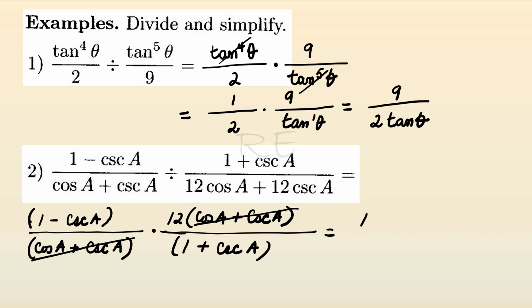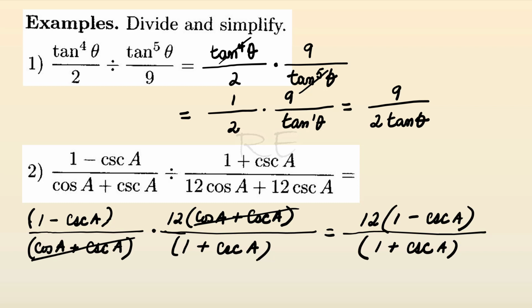We are left with 12 times 1 minus cosecant A divided by 1 plus cosecant A. These are not like terms, therefore they cannot cancel out.